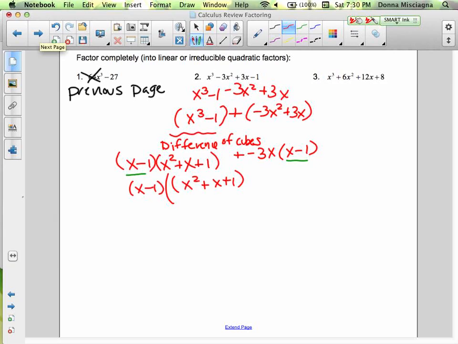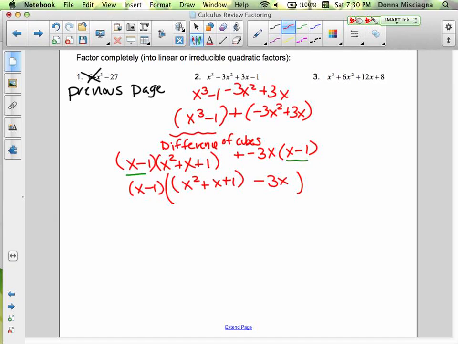If we factor out an x minus 1 from the second, we're going to be left with a minus 3x. So I can drop one set of those parentheses, because I'm just going to combine like terms.